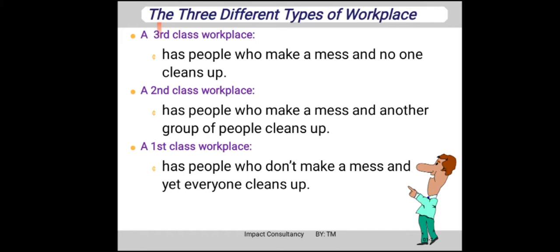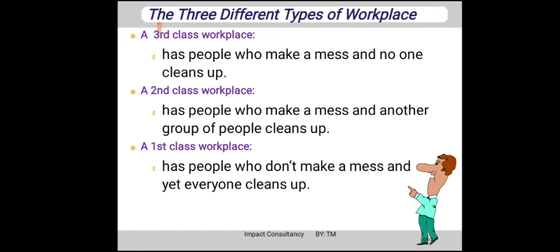Here we can divide workplaces into 3 categories. The third class workplace has people who make a mess and no one cleans it up. This is the worst type of workplace: every mess is dirty and unattractive. The second class workplace is common in every organization. It has people who make a mess and another group of people who clean up.